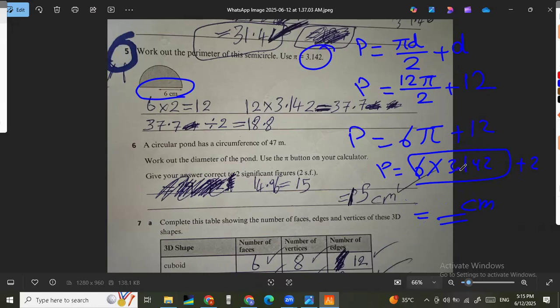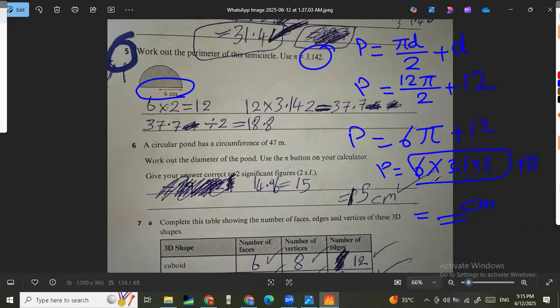To multiply, ignore the decimal point, multiply normally, and at the end put 3 digits after the decimal point. And then at the end, you add to it the 12.